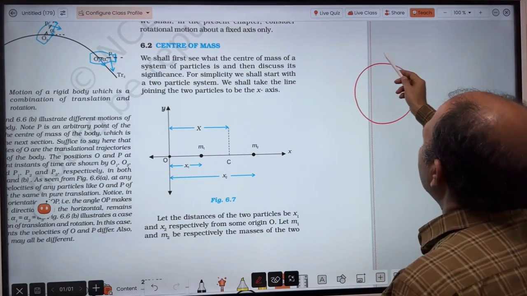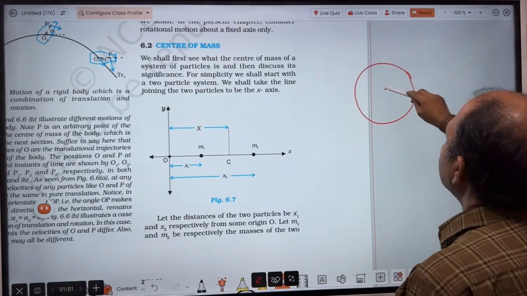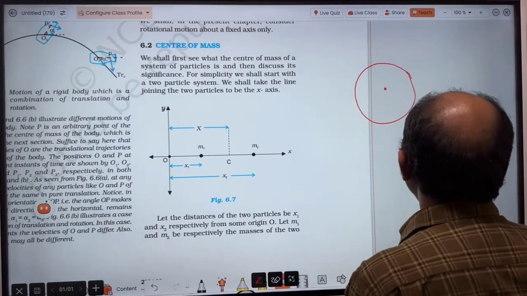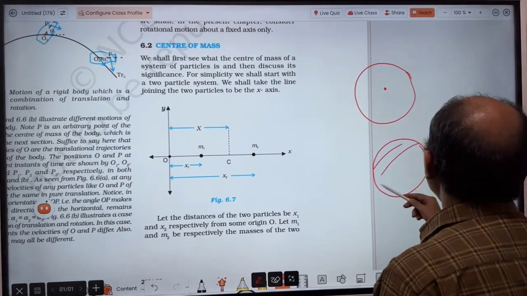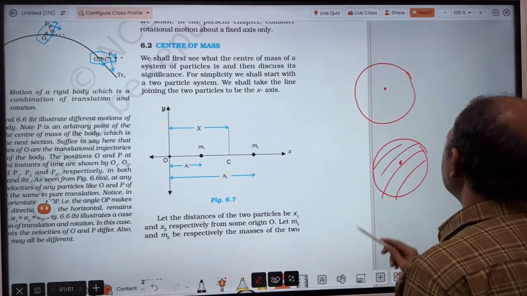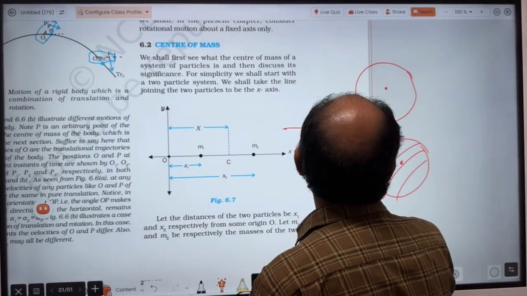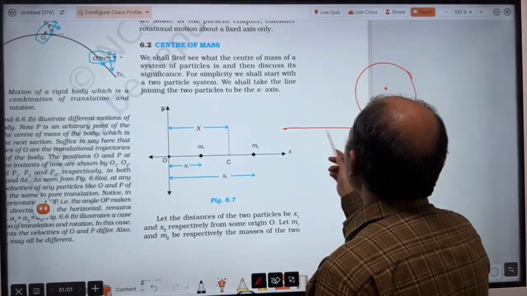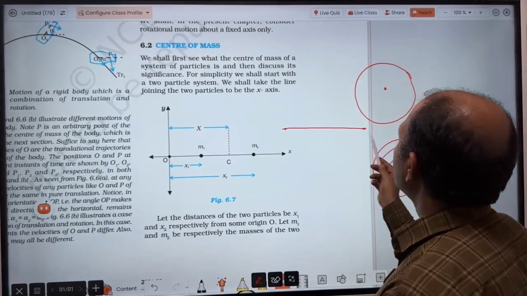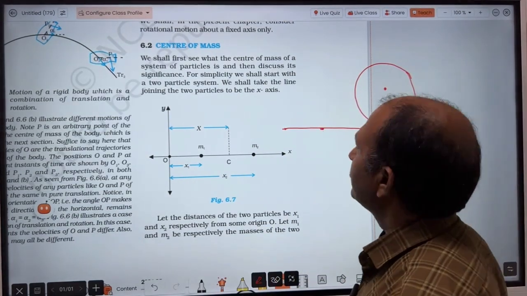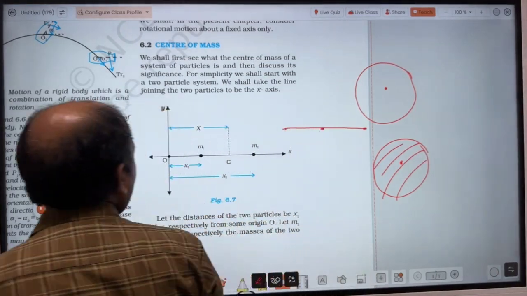Its center of mass will not lie on the ring, it will lie somewhere here. But suppose you have a sphere, its center of mass will lie at its center. If you have a rod, and mass is uniformly distributed, in that case its center of mass will lie at the center.